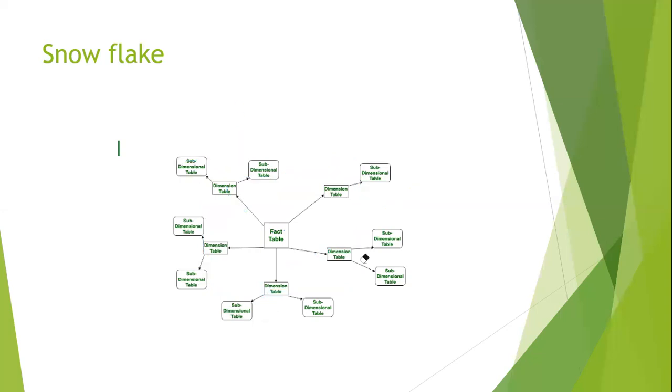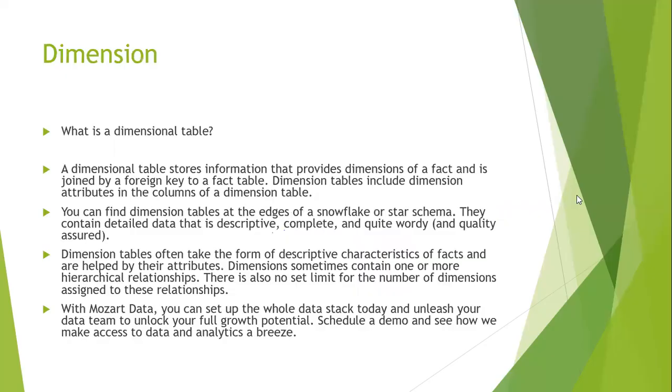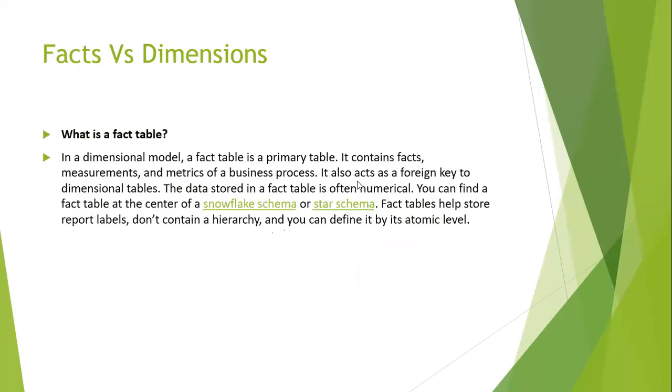Okay, so that is the main difference between the star and snowflake schema. And one more thing which is more important is the fact and dimension. What is the fact table and what is the dimension table? Fact tables hold, for example, all your company's bill to information or sales information, which we take as a measure.